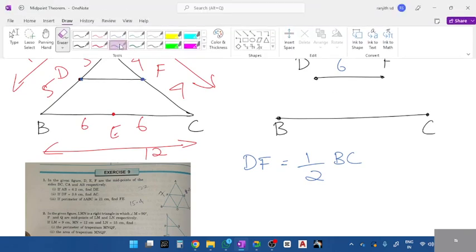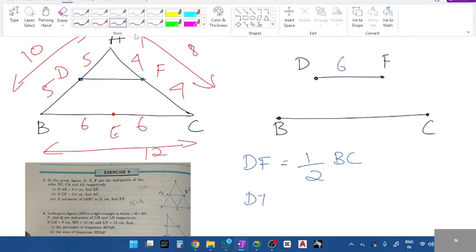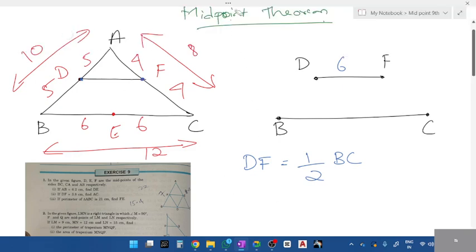So how will you find BC value, students? Use this formula. What is DF value? DF is 6 is equals to 1 by 2 into BC. If you want to find BC, what happens to 2? What's the answer? 12. Yes.